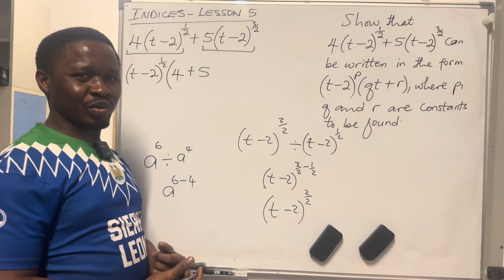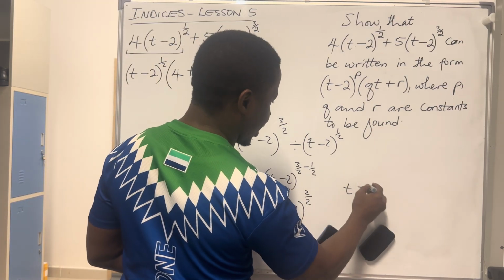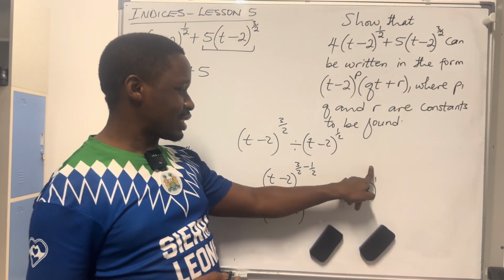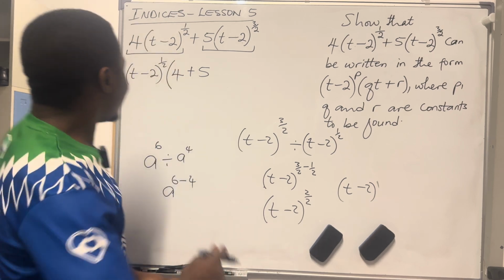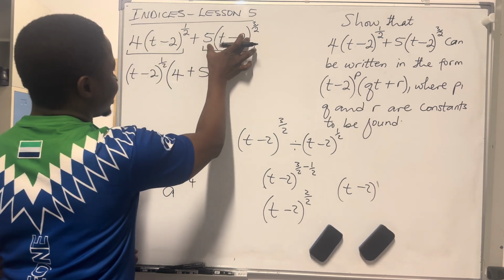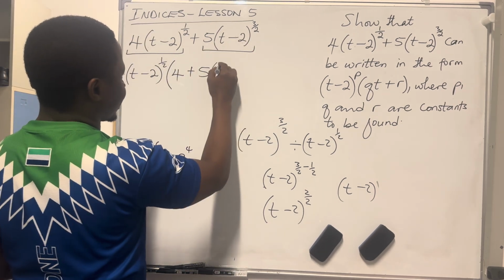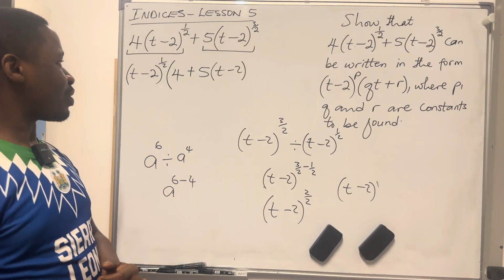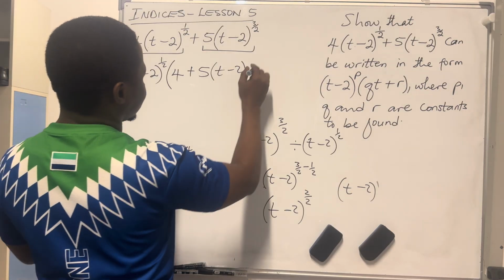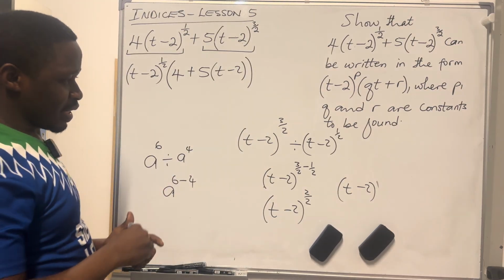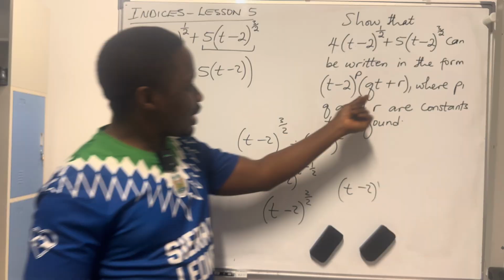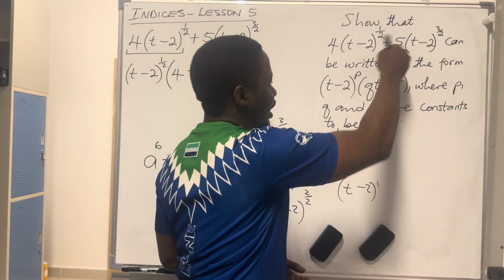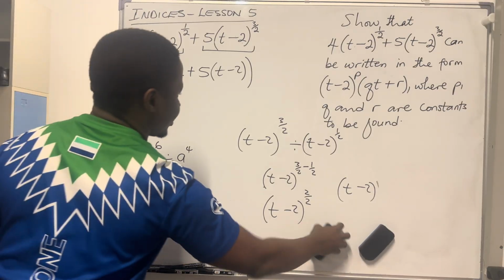And what is 2 over 2? It is 1. So it's like T minus 2 raised to 1, which you and I know is not necessary to write again. So this into this, how many times? It is just the bracket T minus 2, because we've simplified it. This closes this closes this. And more so, in the second bracket of the form we want to present, there is nothing like a power other than 1.